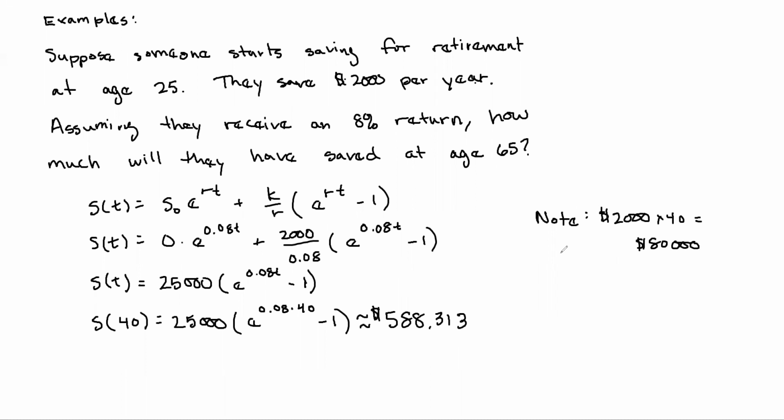So again, compound returns is the idea of you getting a return on your return. If you start off and save $2,000, and the first year you get a return of 8%, then on your $2,000 you've made $160 the first year, 2,000 times 0.08.